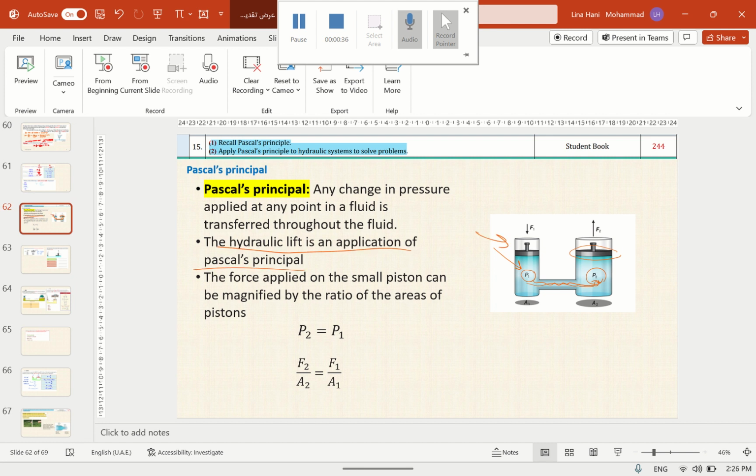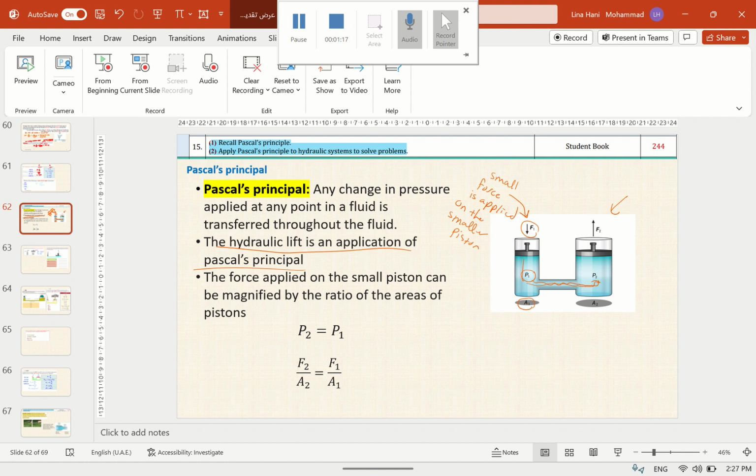This is called the hydraulic lift, where a small force is applied on the small piston. This is called a piston, and you can see that it has a smaller area. And as a result, the force applies pressure, and this pressure travels to the other piston, the bigger one, and it exerts a force on the object placed on it.